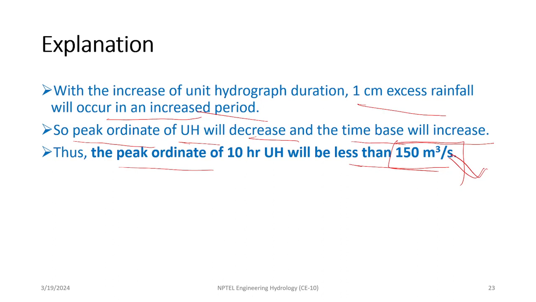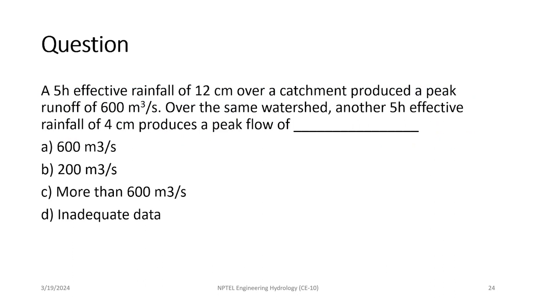No, it's clear. Again, the question here is: a 5-hour effective rainfall of 12 centimeter over the catchment produced a peak runoff of 600 meter cube per second. Again, in the same watershed, another 5-hour effective rainfall of 4 centimeter produces a peak flow of what?